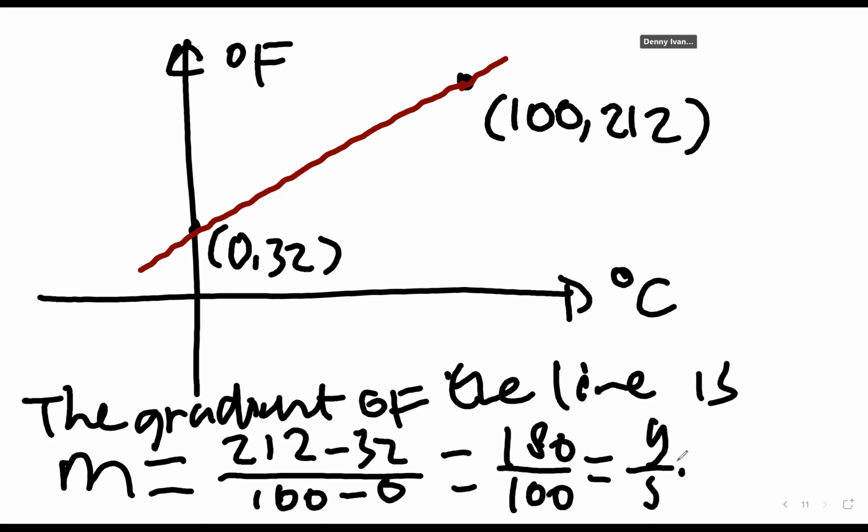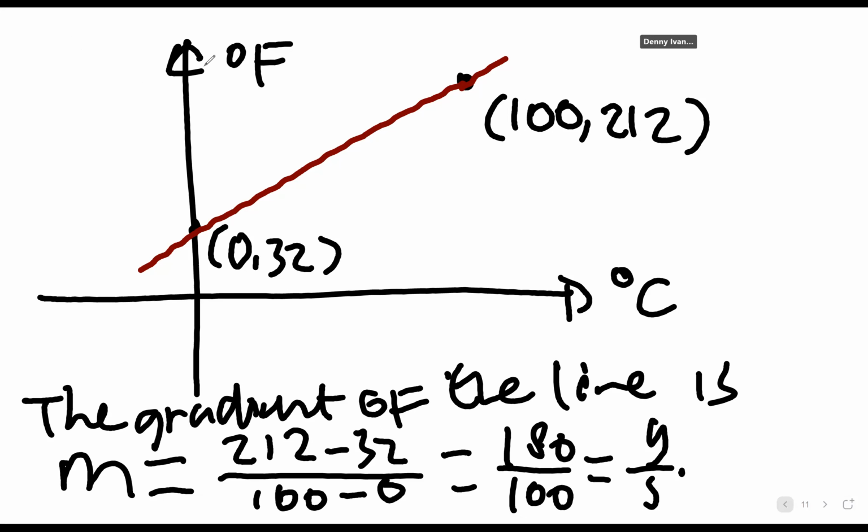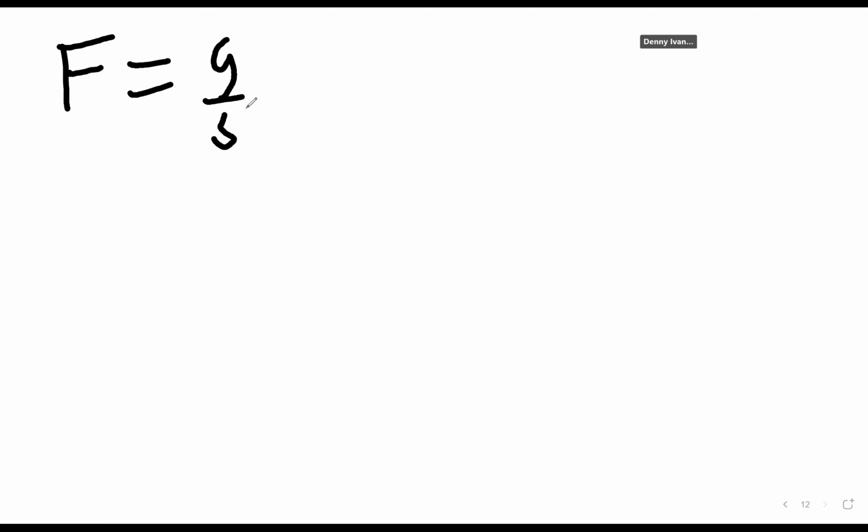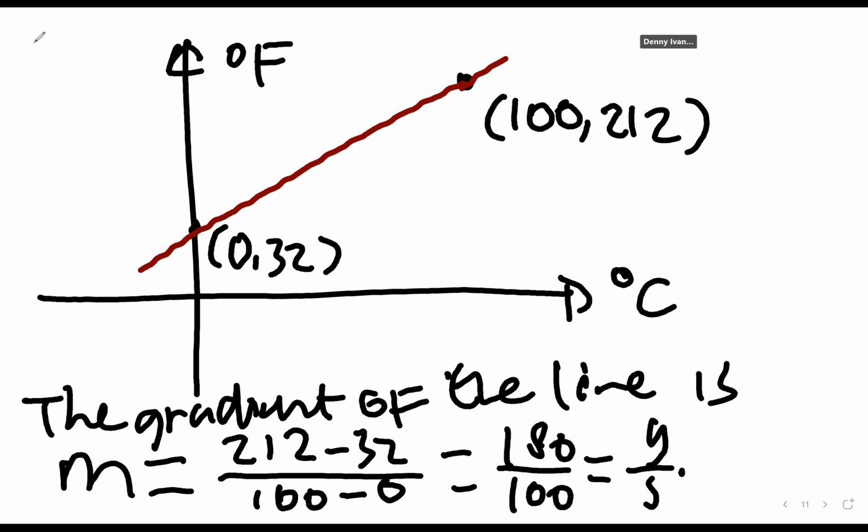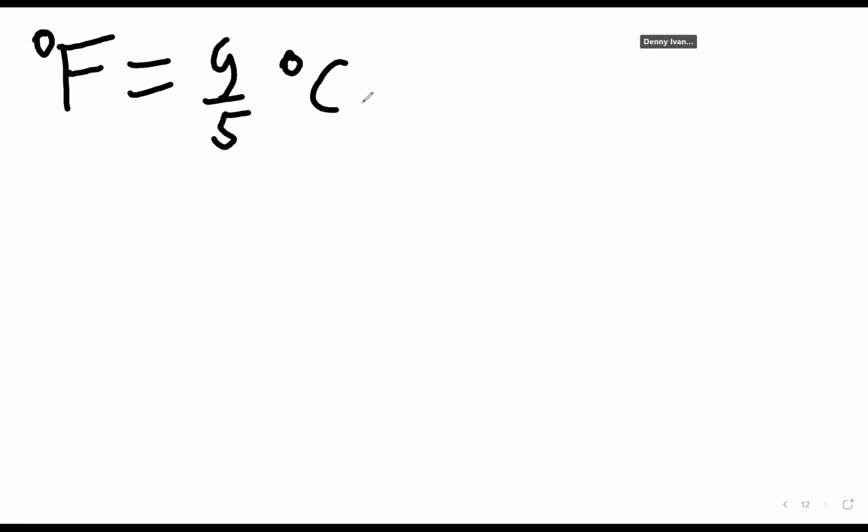Once we have the gradient, we just choose any one of these 2 points to obtain the equation of the line. So in this case, I have F, the degree on the y-axis, equals 9 over 5 times degrees Celsius minus 0, because of the point, plus 32.